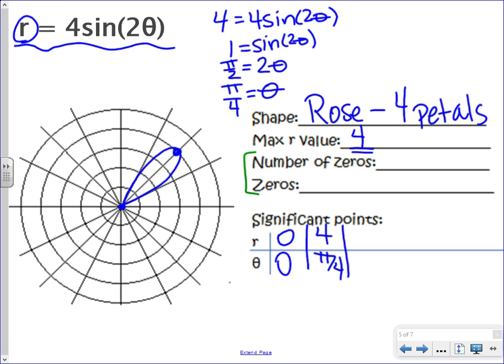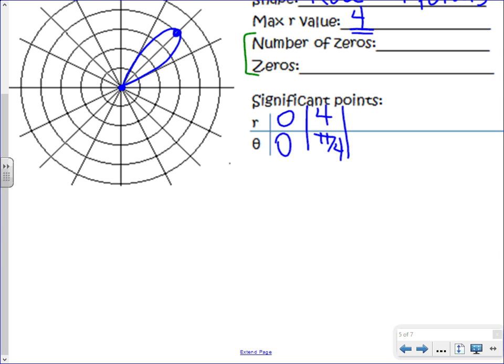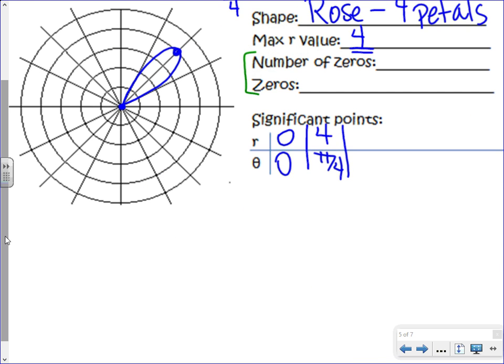Gabe, how about you tell me how you got that pi over 2? Okay, so we're taking our full rotation 2 pi and we're splitting it into 4 equal parts.